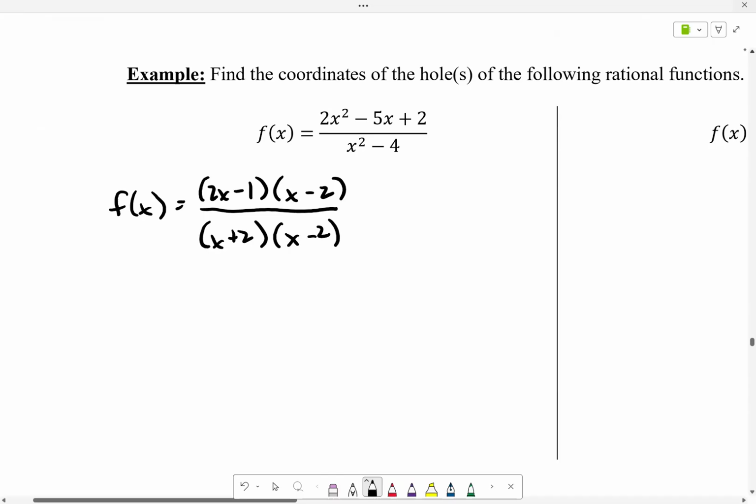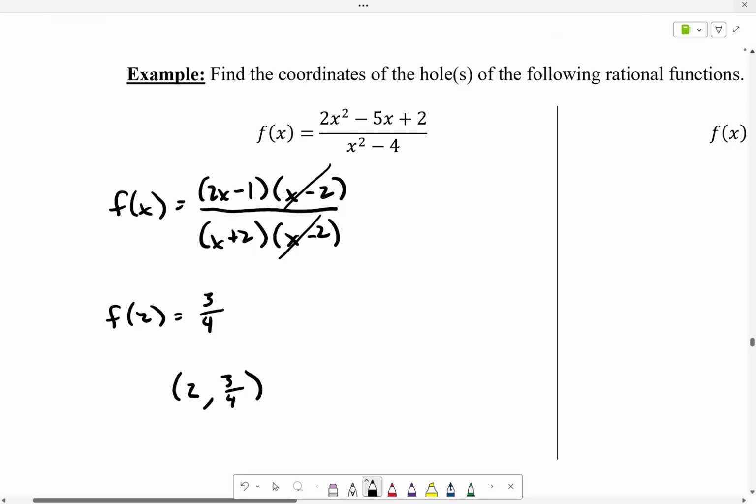Do we agree? Then we can cancel out the x minus two. If we put in f of two, when x equals two, you would get 3/4. Do we agree? Which means the coordinates would be (2, 3/4). Okay. Thank you.